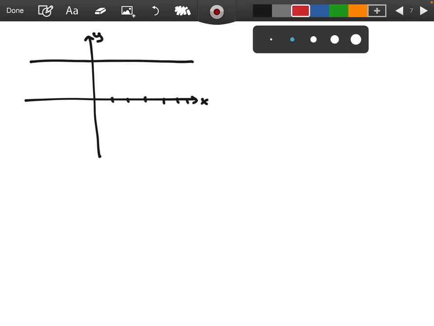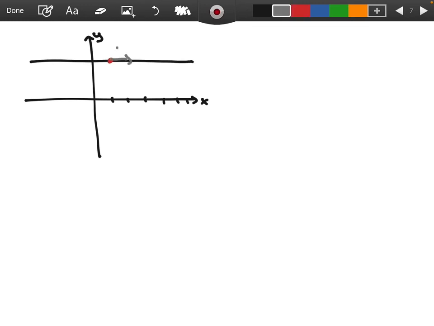So again, if I start out with a particular point on my line, and I then decide to move 1 unit to the right, well, m is 0. So I don't have to move up or down. I'm still at another point on that line. So that's what the steepness property shows us.